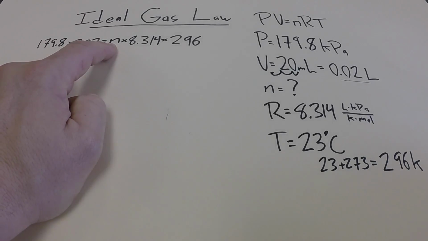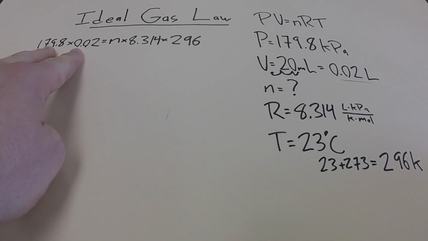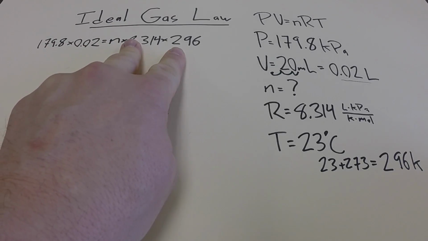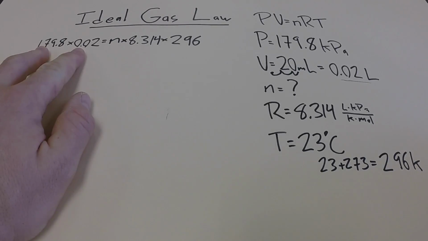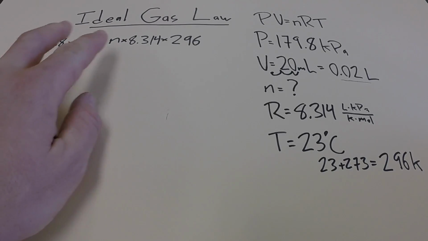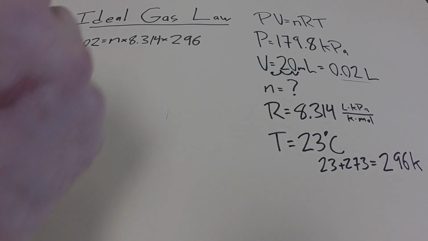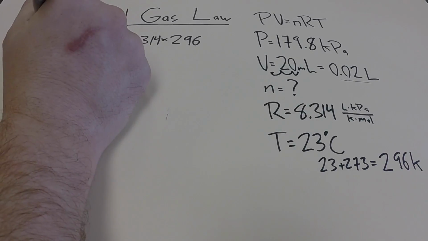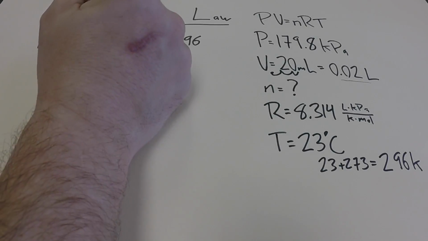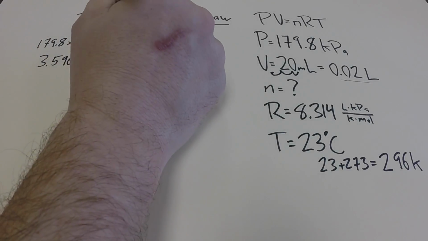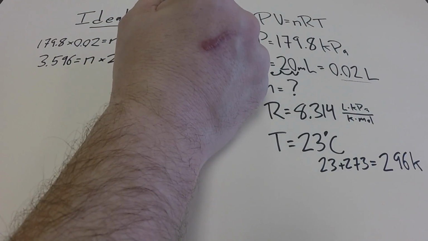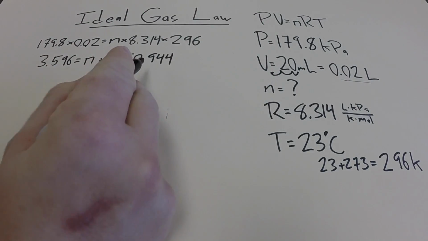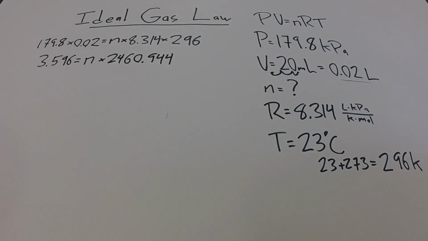To do that, you're going to follow order of operations, so we're going to multiply first. You multiply these two numbers, and then you multiply these two numbers. When we do that, we get 3.596, and that equals n times 2,460.944. We'll round once we finish the problem. Next, we'll do division.